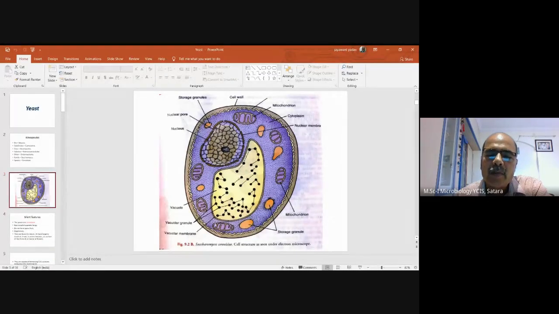This is the vacuolar membrane, vacuolar granules, then this is a vacuole. Then you can see the nucleus, this is the nuclear core, and these are storage granules. This is the cell structure in short.